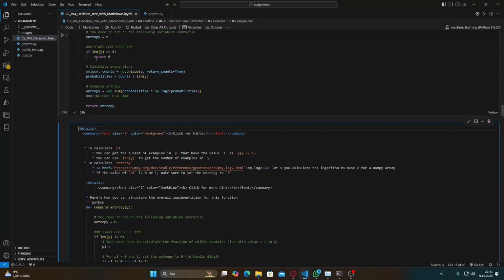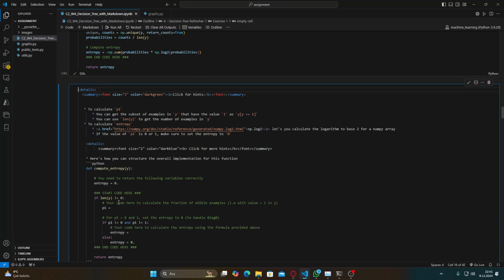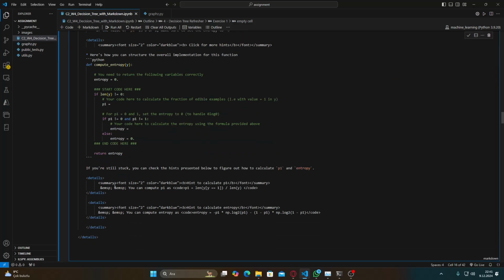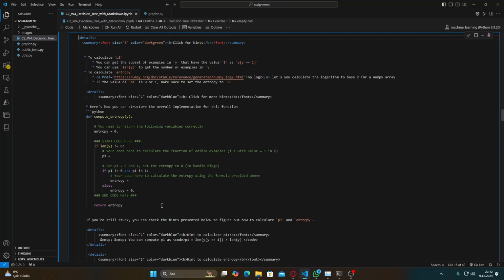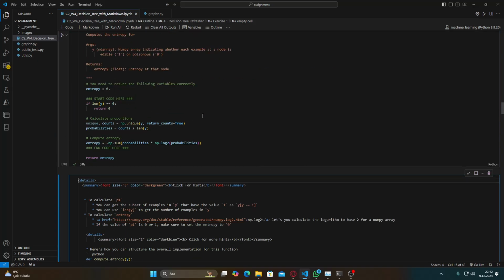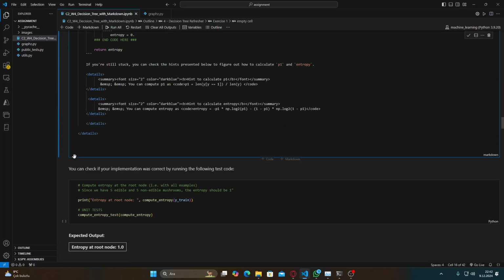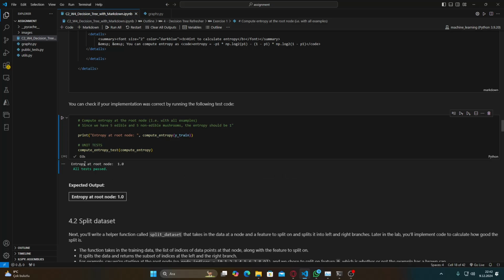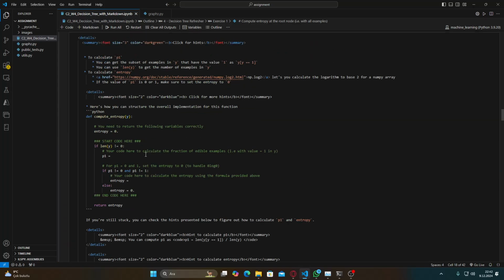I couldn't be sure of my code, but okay, I guess it's true. Let me run the other one. Yeah, okay. The entropy at the root node is 1, so it is true.